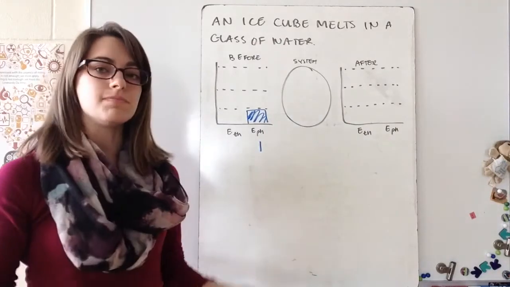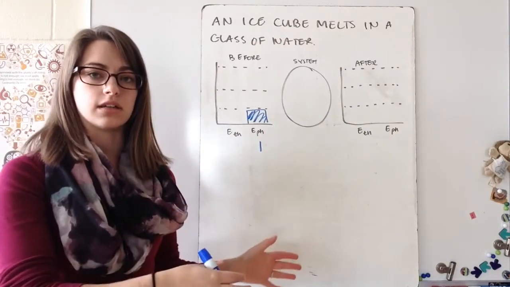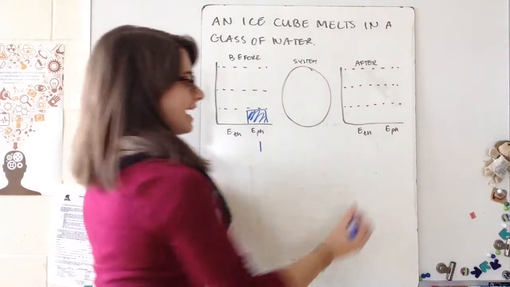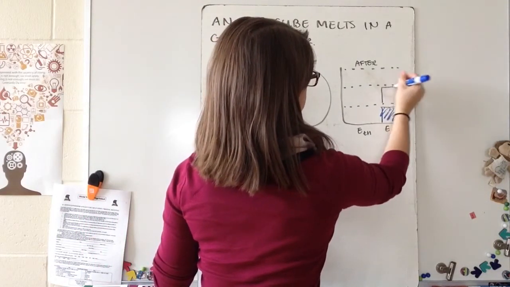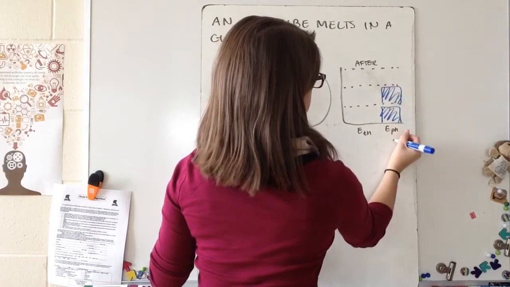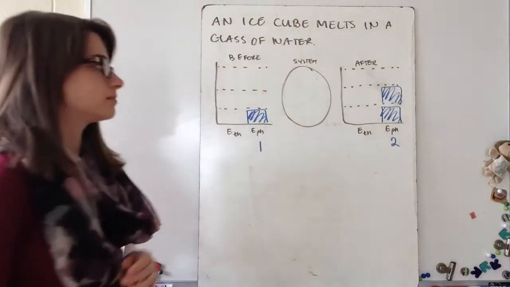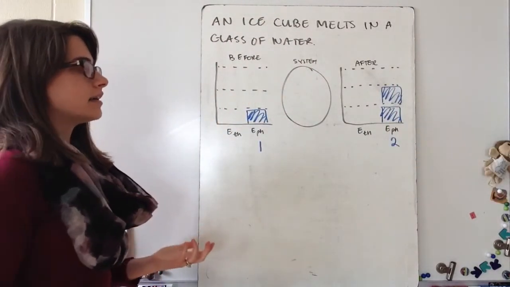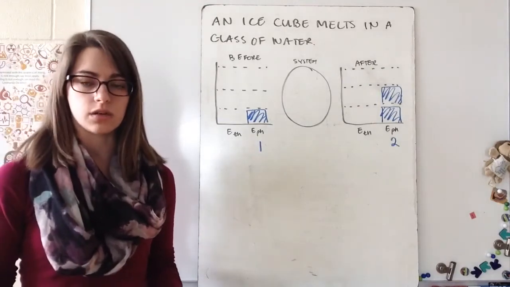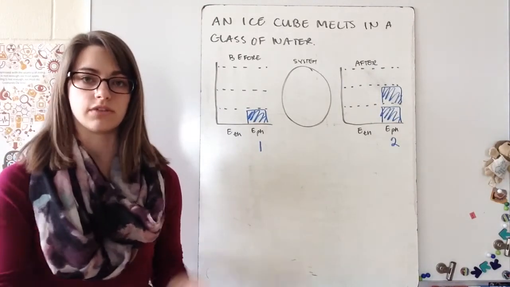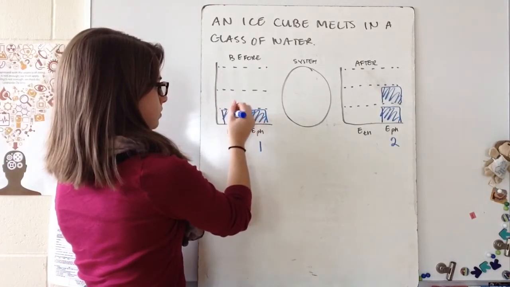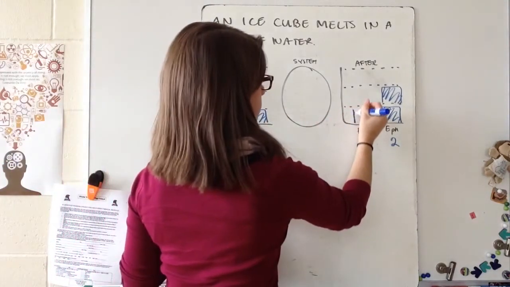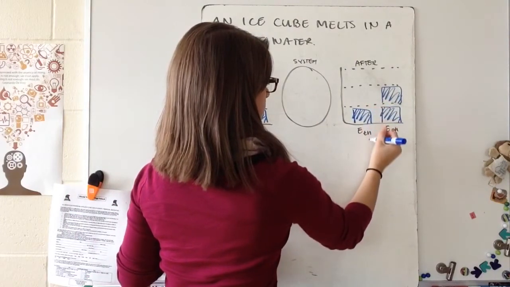And if the ice cube is melting, we know that it's going from a solid to a liquid. So it's gaining phase energy. It's going from 1 bar of phase energy to 2 bars of phase energy. Now our scenario doesn't say anything about it substantially warming up. All it's doing is changing from a solid to a liquid. So we can still assume that it's fairly cold, that it has low thermal energy.